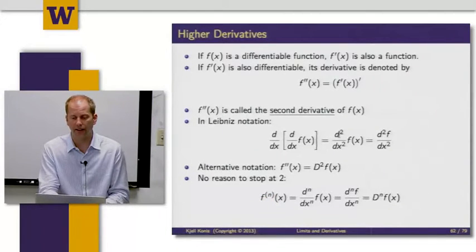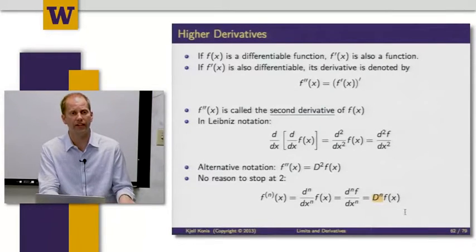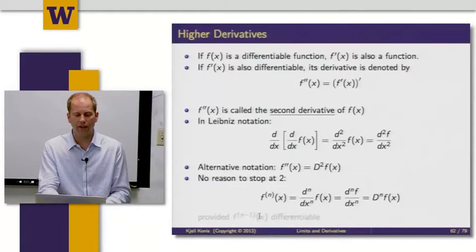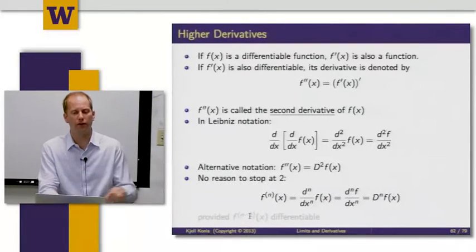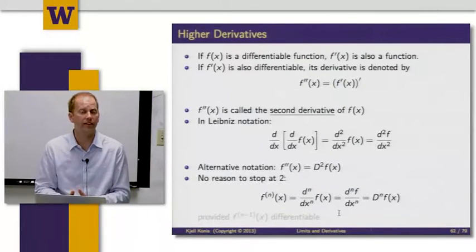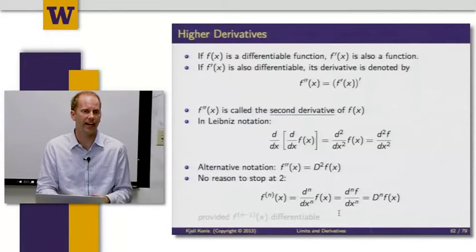Just like we had d squared over dx squared, we can have d to the n over dx to the n of f of x, or this capital letter D to the n of f of x. But that's only going to work if the one before that, f to the n minus 1 of x, is a differentiable function. As long as the derivative is a differentiable function itself, you can then take the derivative again and keep going.